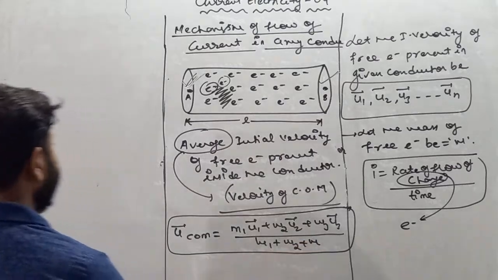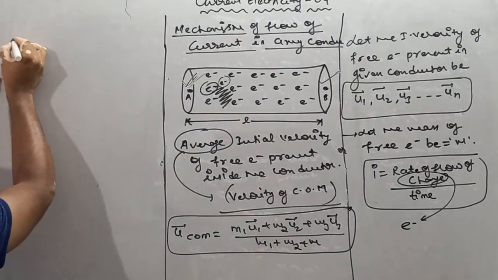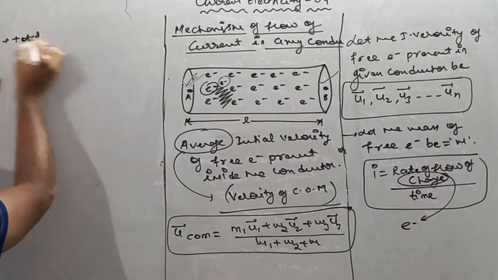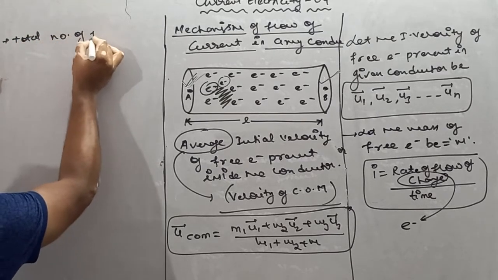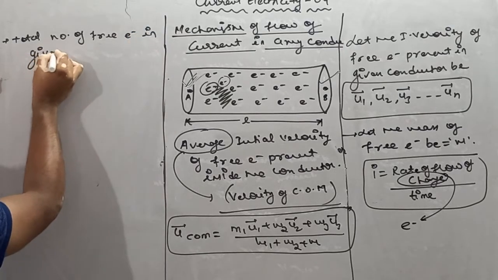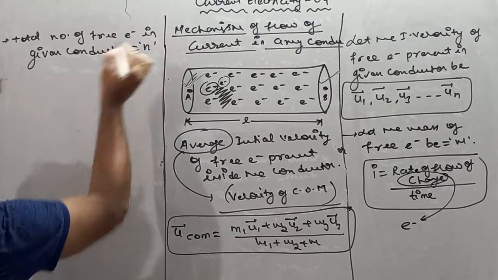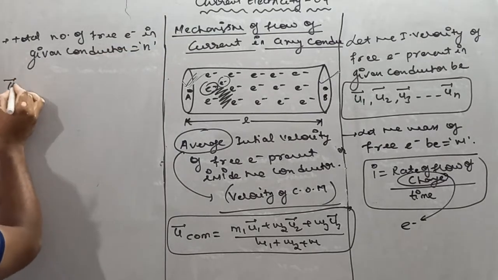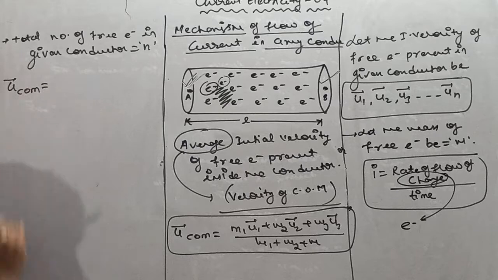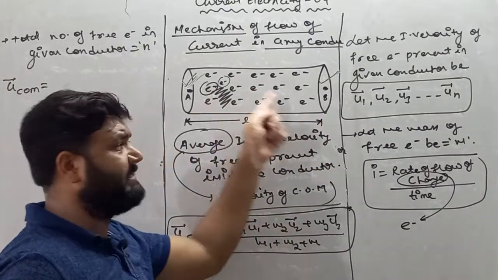So my dear student, we have n number of free electrons. Total number of free electrons in the given conductor, as we consider, is n. So I'll write here the initial velocity of center of mass, or we can say the average initial velocity of these free electrons.